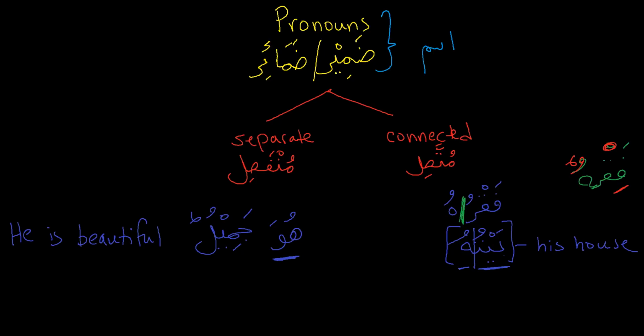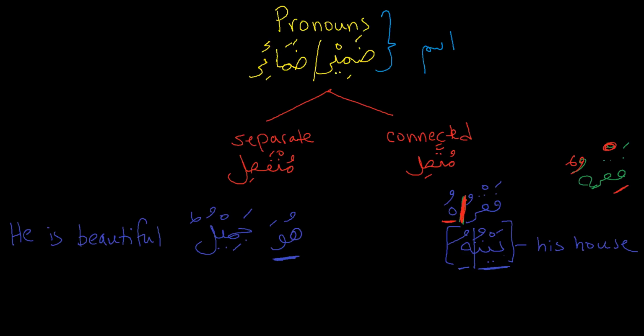It doesn't really look like a separate letter, and for that reason they don't connect the ra. So we say this is still considered a muttasil damir, even though there's a gap. What's the distinguishing factor of knowing if a pronoun is attached or detached? It's its image, what it looks like, more so than if it's actually attached or detached. So that's the general thing.